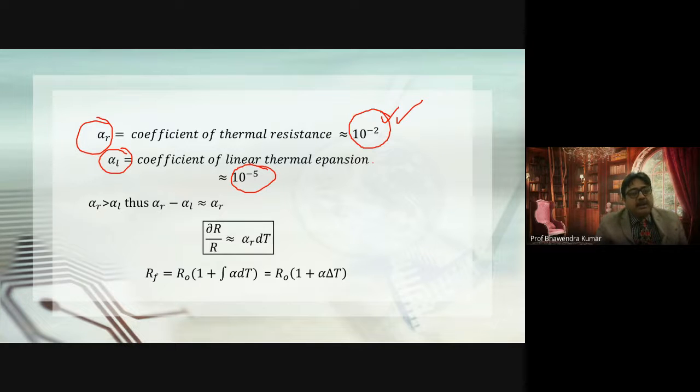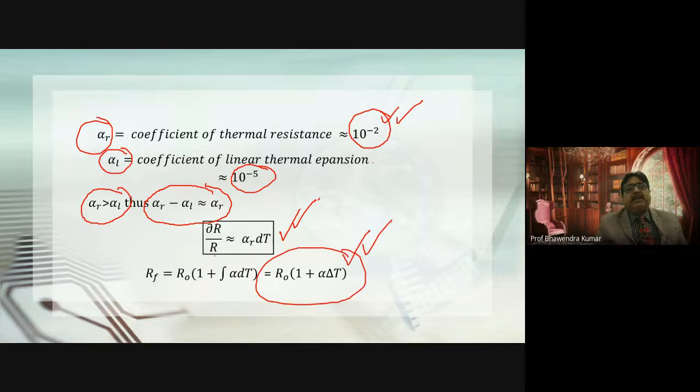So what is the conclusion? Alpha R is very much greater than alpha L, 1000 times greater. So alpha R minus alpha L can be considered to be alpha R, and dR by R can be considered to be alpha R into dt. When we perform the integration, we get the same relation, R naught into 1 plus alpha delta t.